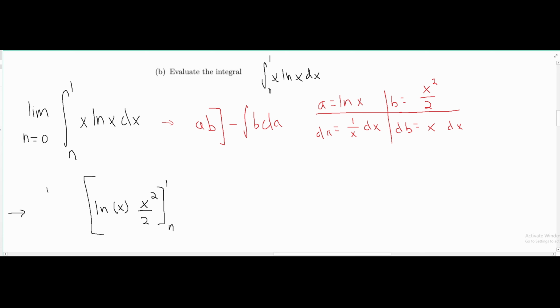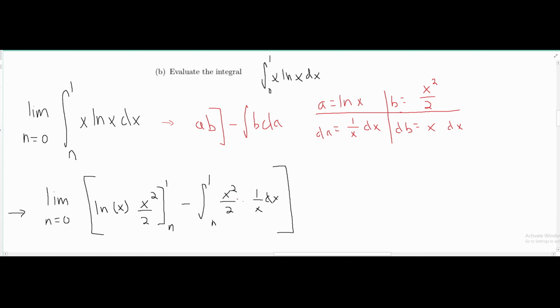We will have an outside bracket, and this will be the limit of n going to 0. And then we have our negative right here, the integral from n to 1, and then our b, which is x squared over 2, times our da, which is 1 over x dx. We're going to close this, and this is our equation right now.